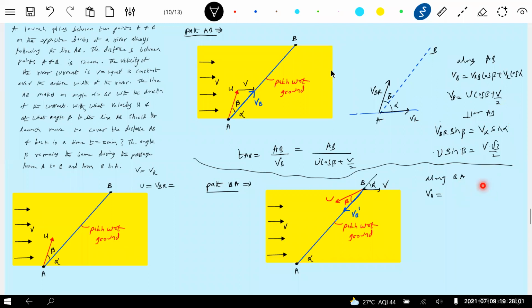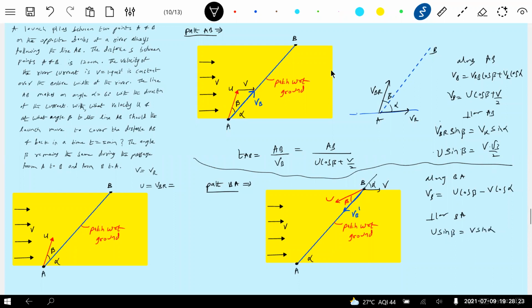Let me write it directly. I can save time. Okay, this is the thing. Now after getting this, perpendicular to BA, U sin beta equals V sin alpha.